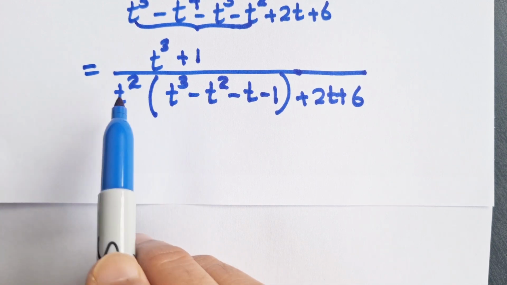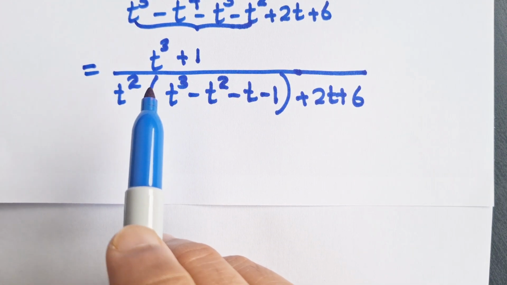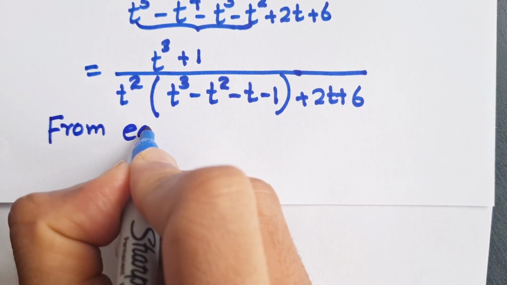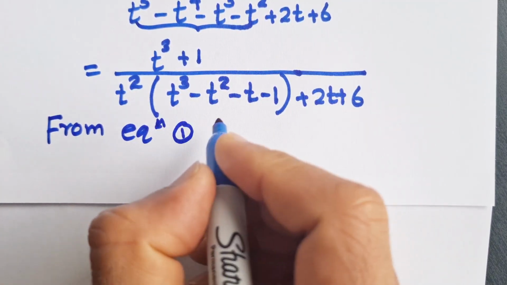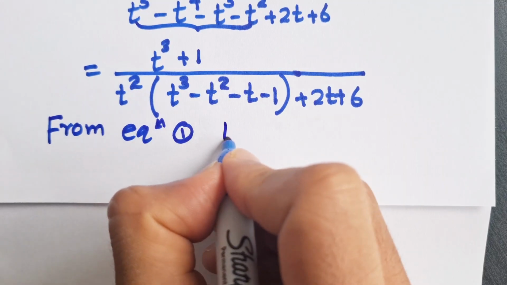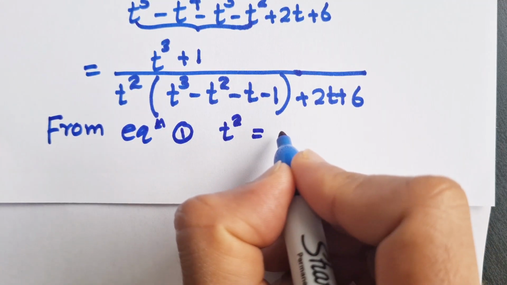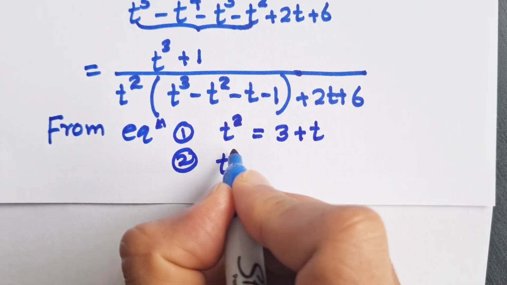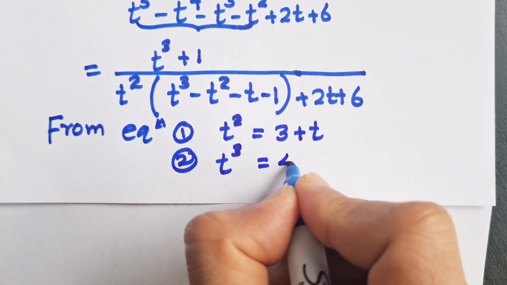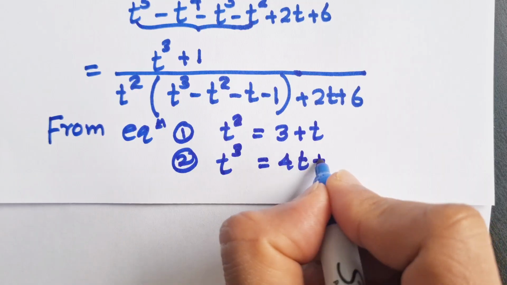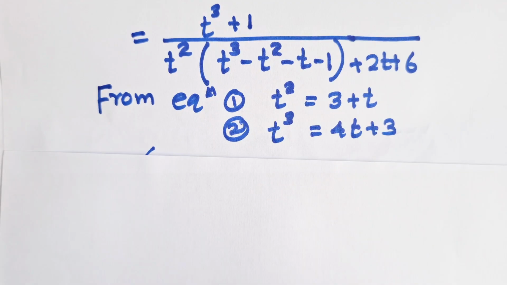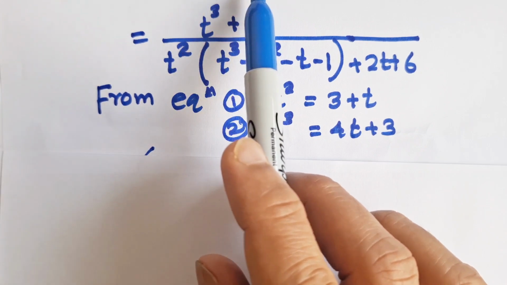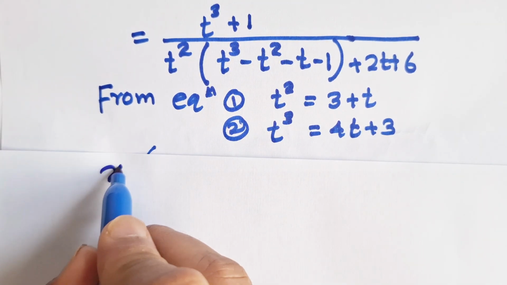Now from equation 1 and equation 2, we have found t to the power 2 and t to the power 3 in terms of t. So from equation 1, we have t to the power 2 equals 3 plus t, and t to the power 3 equals 4 times t plus 3. Now I am going to substitute this t to the power 2 and t to the power 3 into the main expression.